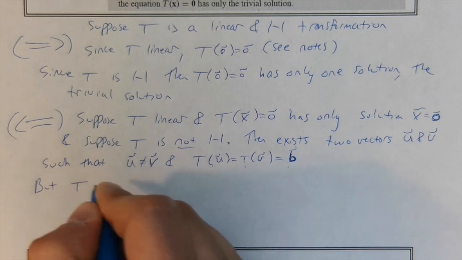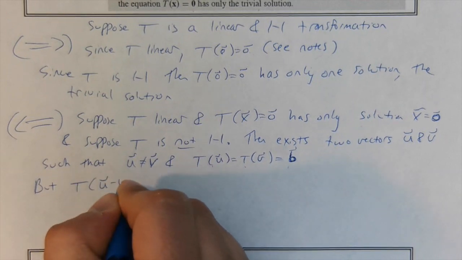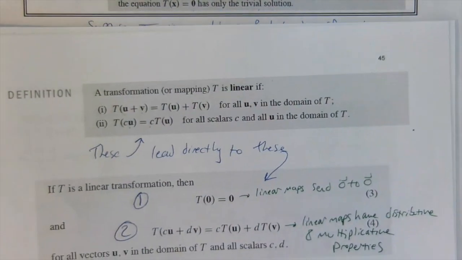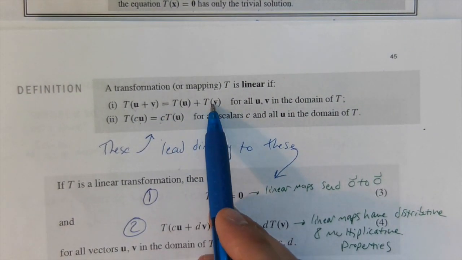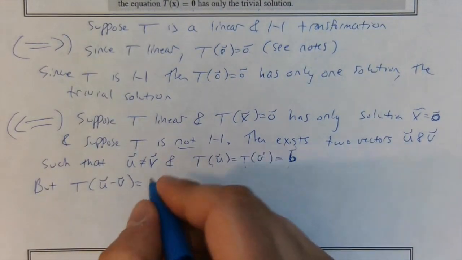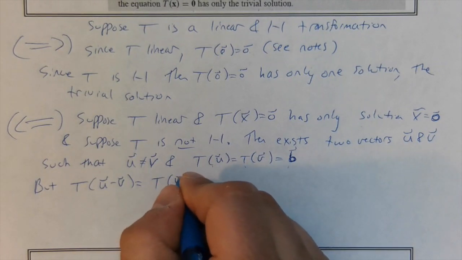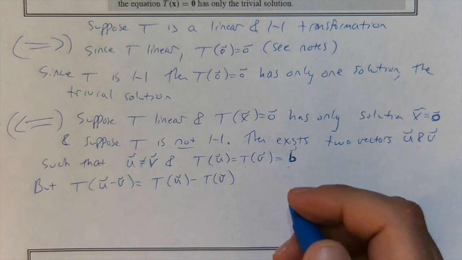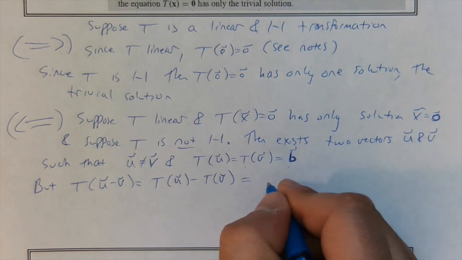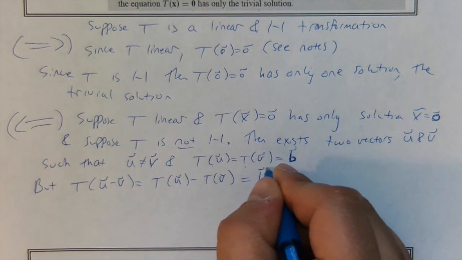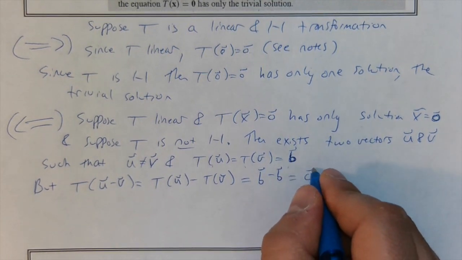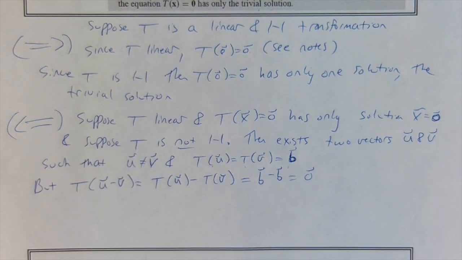But if we did T of u minus v, we know again from the same property here, right? We can split this up into two separate things. And so this would be T of u minus T of v. And in this case, they both equal b, so it's b minus b, which is 0. But we just said that it only had the trivial solution.